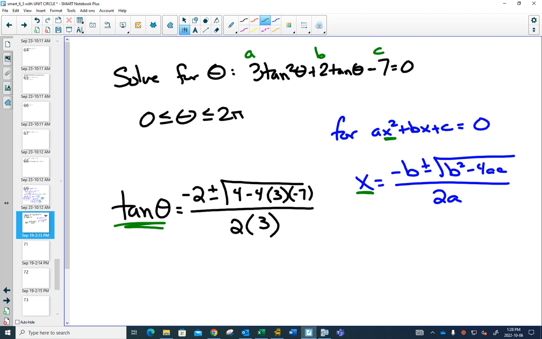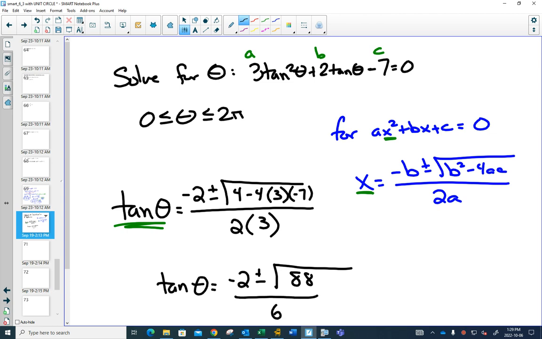And we can simplify this, which would give me tan of theta equals negative 2 plus or minus the square root of 84 plus 4, 88, over 6.